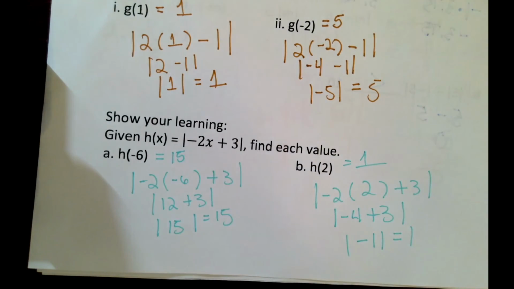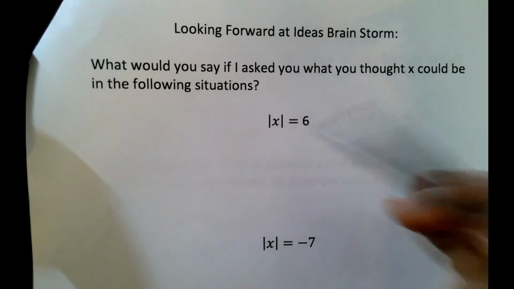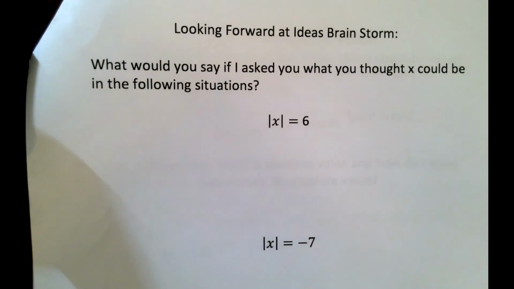Yay! We did it! So the last thing that we're going to do in this video is just a quick review for when we jump into doing equations and inequalities with absolute value. So let's take a look at the next page. My question to you is, what would you say if I asked you what you thought x could be in the following situation? So we have the absolute value of x is equal to 6.